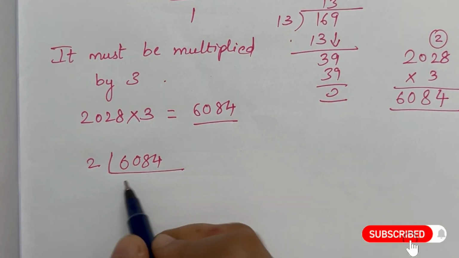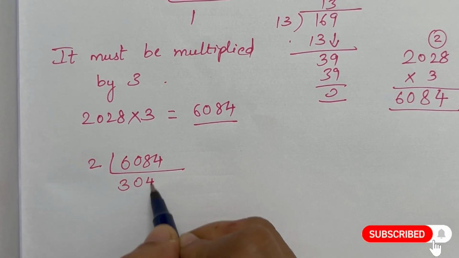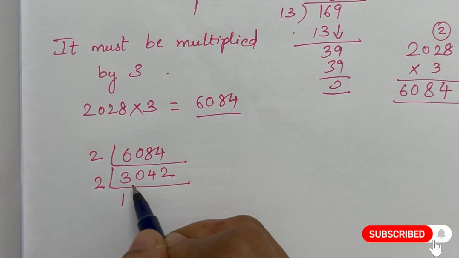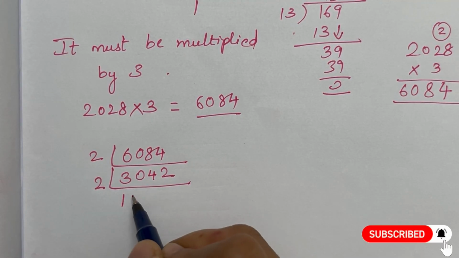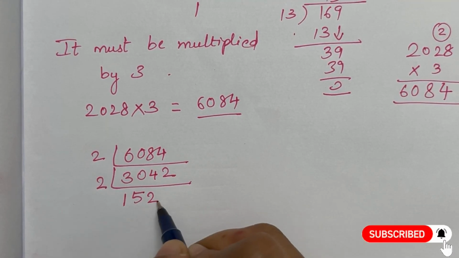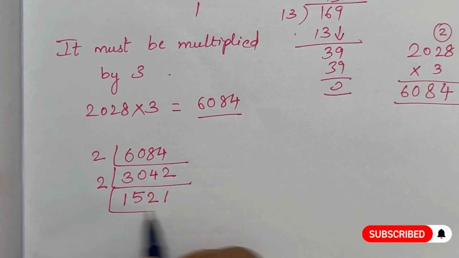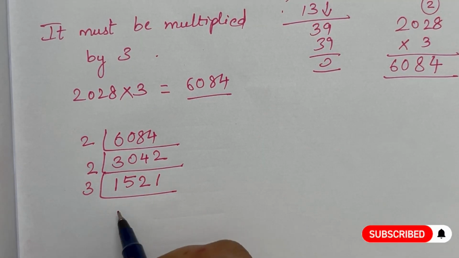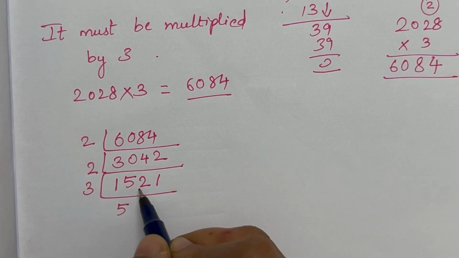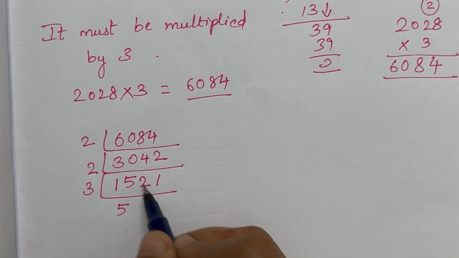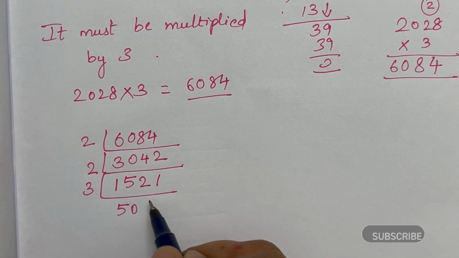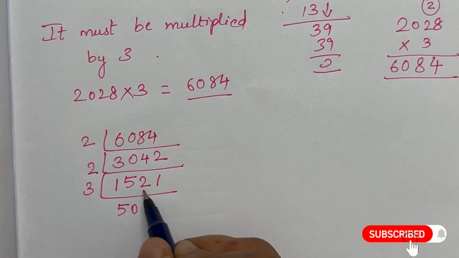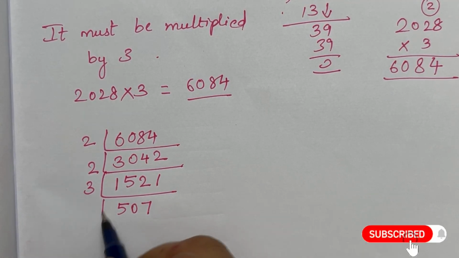So this is divisible by 2, 3 0 4 2. Again 2, 3 will not come, 2 will come one time, 1 left, 1 0, 10 will come 5 times, 4 will come 2 times, and 2 will come 1 time. This is divisible by 3, 15 will come 5 times, 2 will not come, so we'll write 0, and 21 will come in the table of 3, 21 will come 7 times.